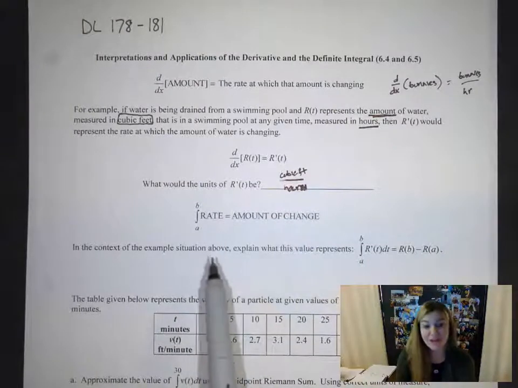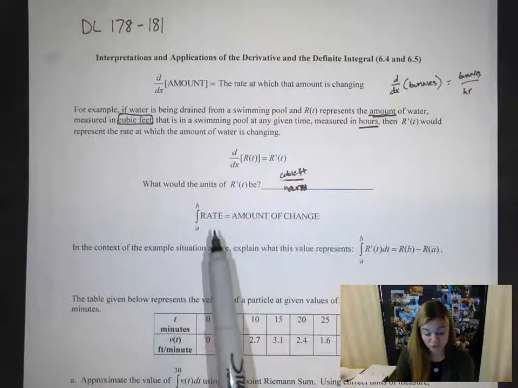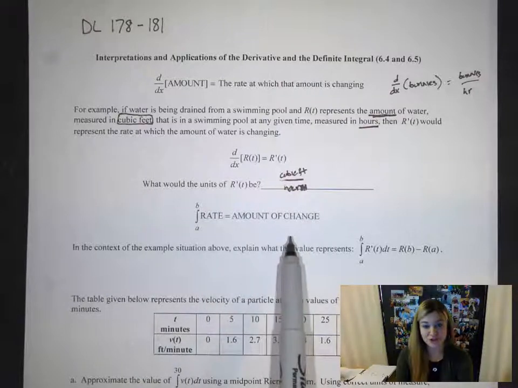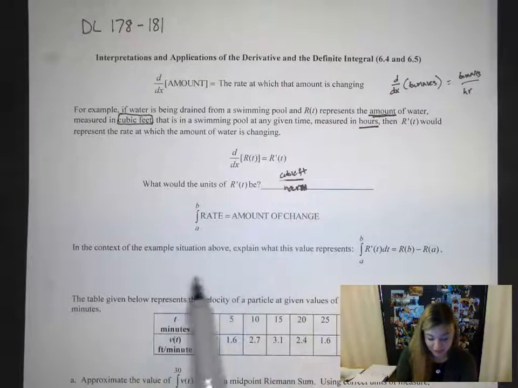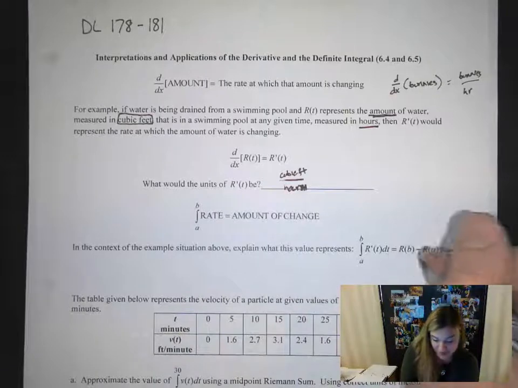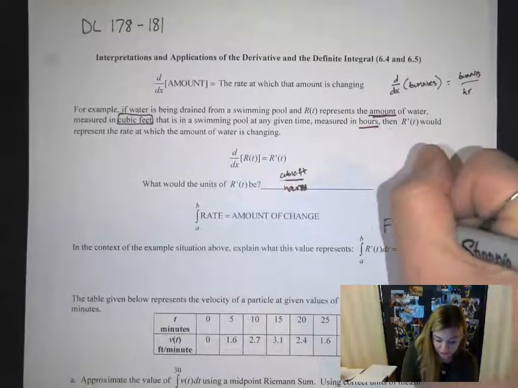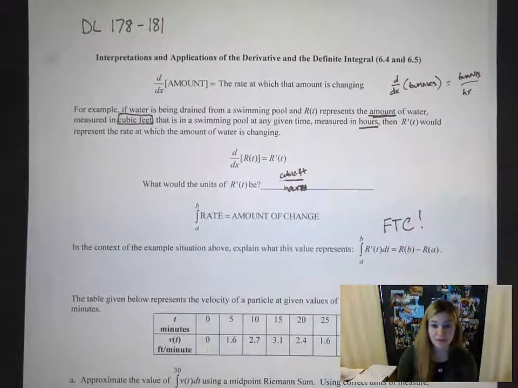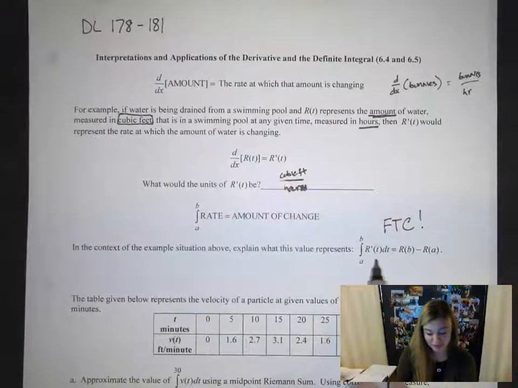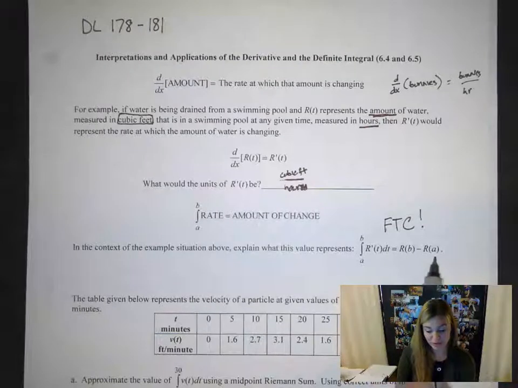So if I go backwards and I take an integral of the rate, I get the amount of change. So let's think about this. This helps explain. Do you remember how we just talked about the fundamental theorem of calculus? We could say the antiderivative of R prime is R of b minus R of a.